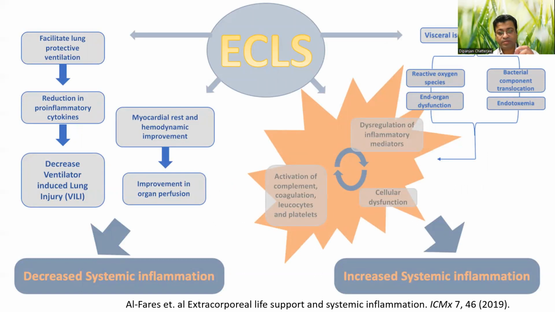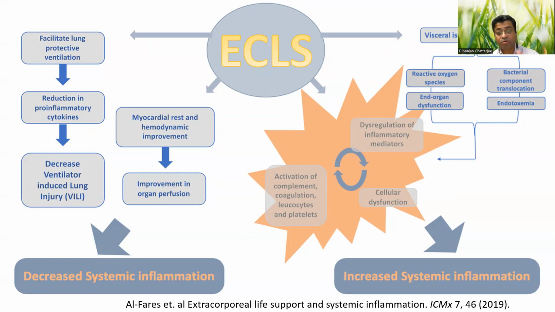Finally, coming to the stress reaction which occurs in ECMO. Whether ECMO increases or decreases the stress reaction: by helping to unload the ventricle, by increasing the tissue perfusion, by reducing the work done by the heart, by having protective lung ventilation, all these reduce the inflammatory response.